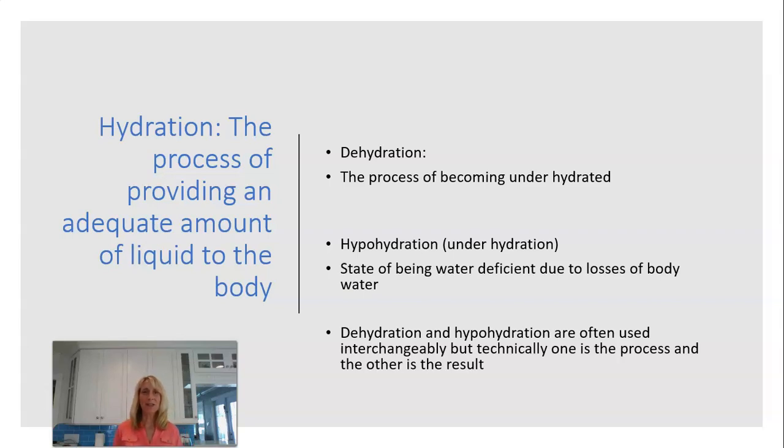Dehydration is the process of becoming underhydrated. And then there's a term maybe you've never heard before. It's called hypohydration, hypo meaning low or under. So hypohydration means underhydration, and this is defined as a state of being water deficient due to losses of body water and inadequate consumption.